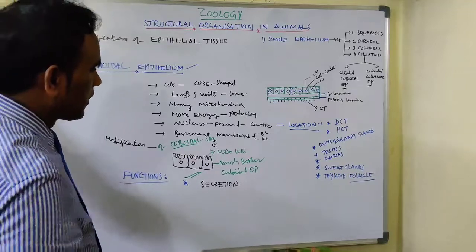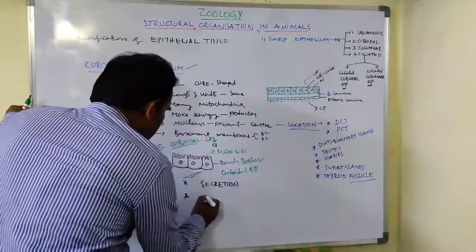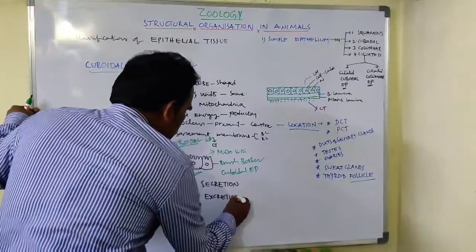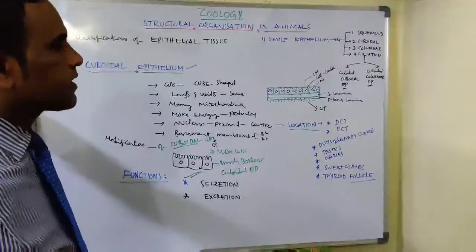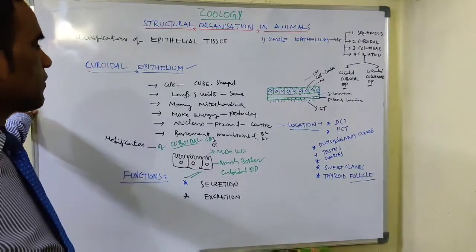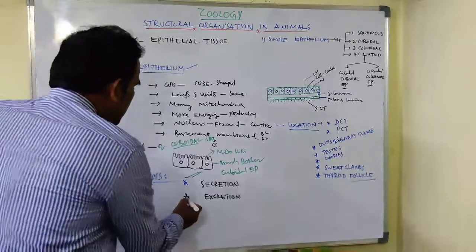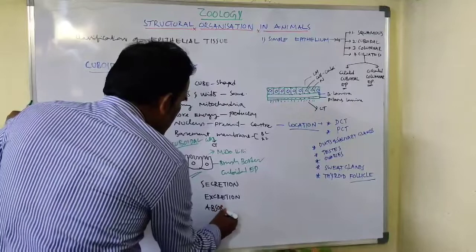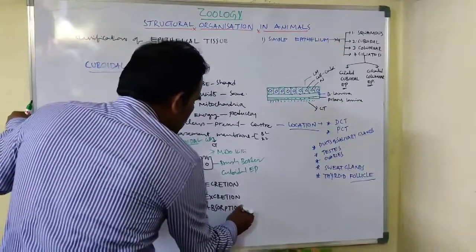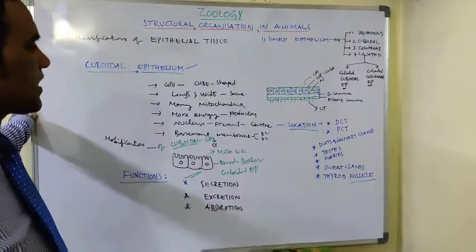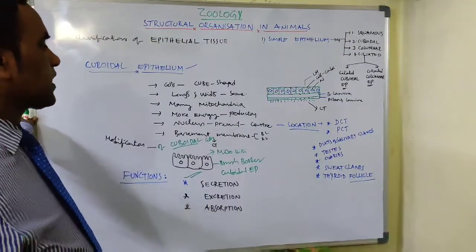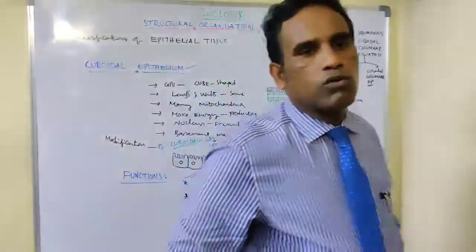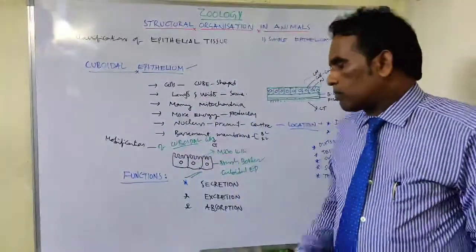Then excretion, removal of waste materials, as in the nephron parts DCT and PCT. And the other is absorption: sweat glands secrete sweat, and thyroid follicular cells secrete hormones.